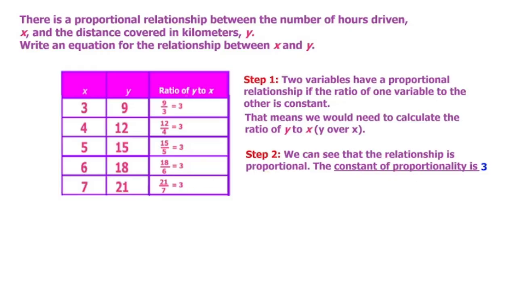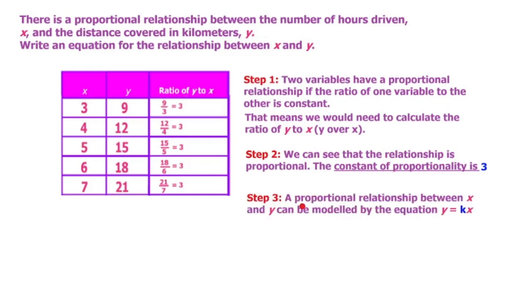Okay? So now a proportional relationship between x and y can be modeled by the equation y equals kx. Okay? So k is the constant of proportionality in this case, and we've calculated that. It's equal to 3.